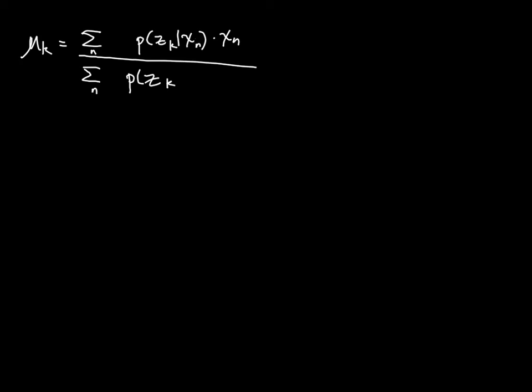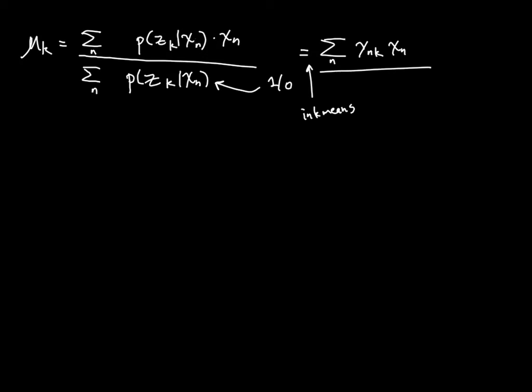Yeah. And now we have the sum over n of p of zk given xn, right? So this is kind of like the average. If you think of this as 1 or 0, what do we get? We get the k-means algorithm back. Do you see? Because in k-means, we have this y(n)k times xn over the sum over n of y(n)k. Remember that? Well, what did we just replace?